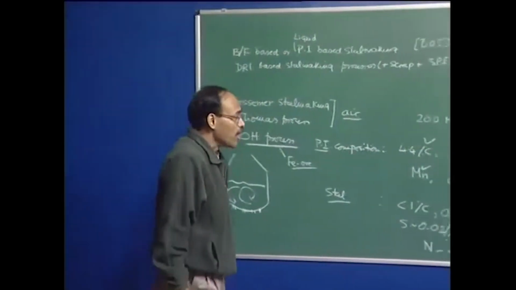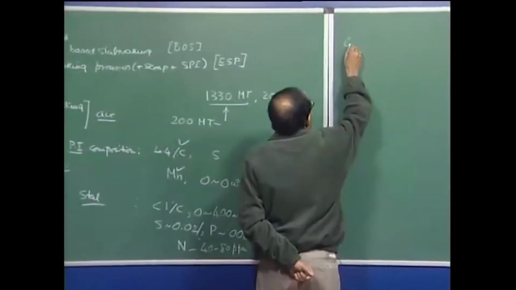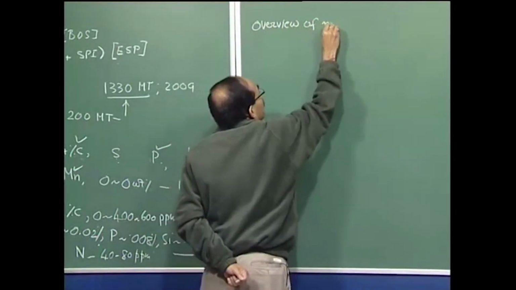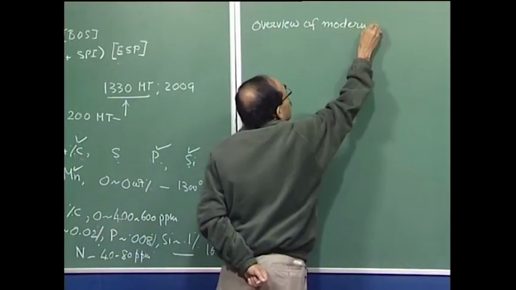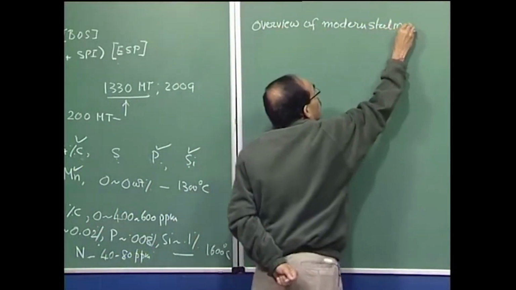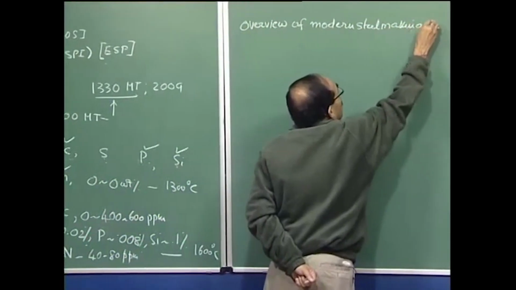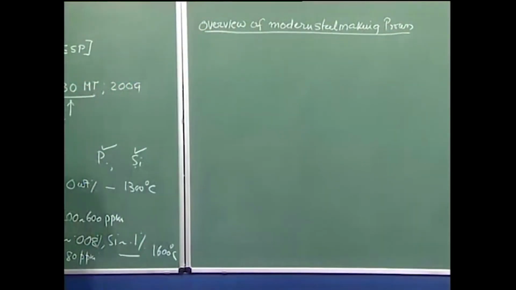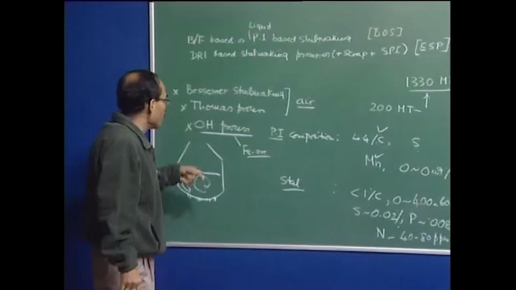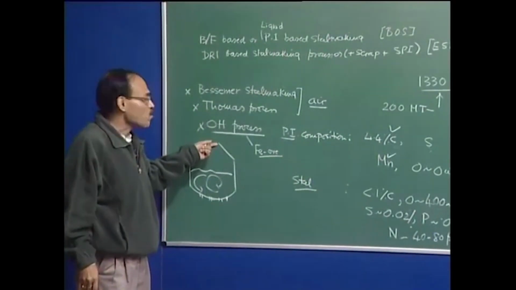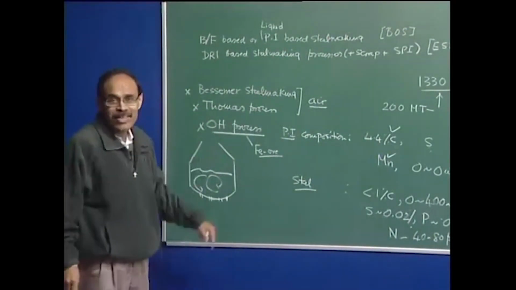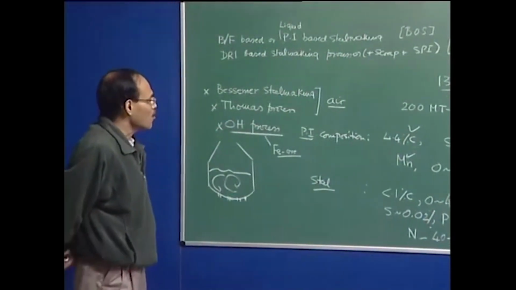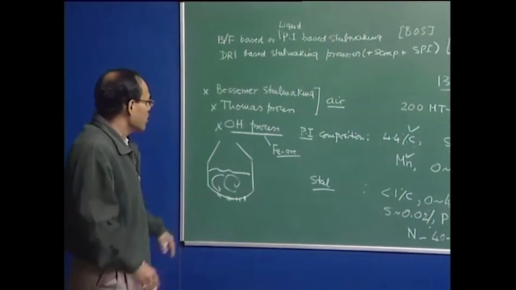Now, let me give you an overview of the modern steel making process. If you are interested in knowing more about this subject in greater detail, there are textbooks you can refer to, but in the present context it is not important for us to go beyond this depth.